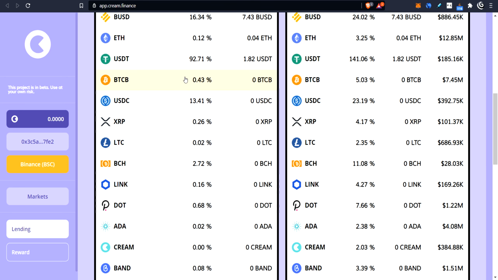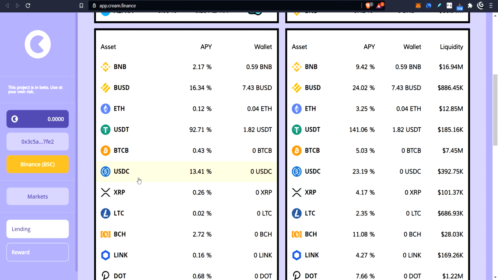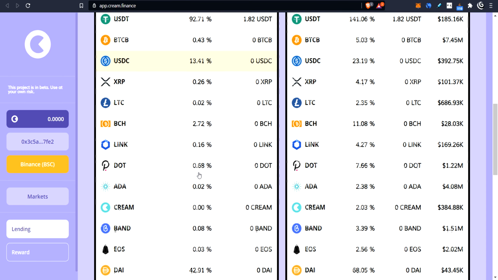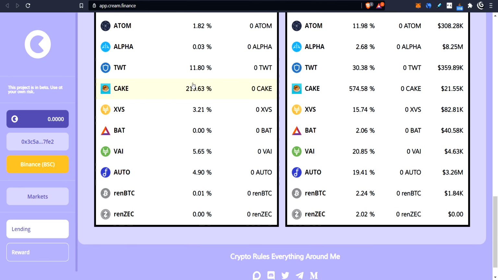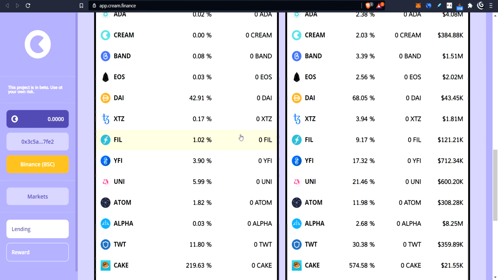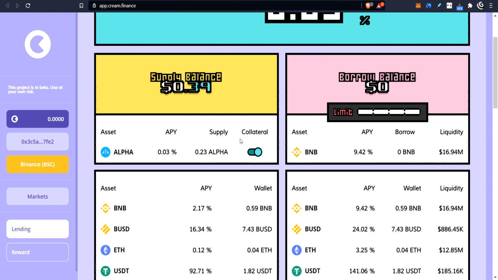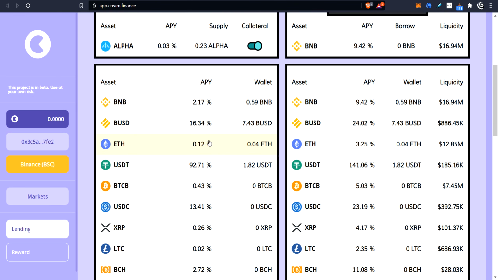They get Bitcoin and use its value to borrow the stable coins, and they use the stable coins for farming. There are some special ones as well, maybe taking advantage of this huge cake pool here, and who knows, right? So there are different strategies, but that's generally the idea of those two major ones. Let's take a look at the markets, and I'm going to talk about some individual opportunities that Cream offers that other places don't. So into the markets we go.